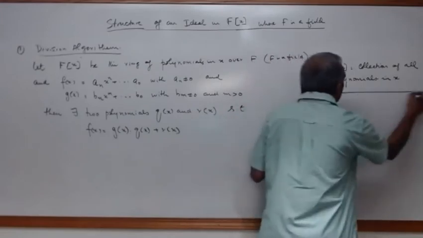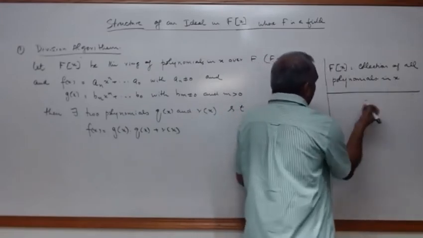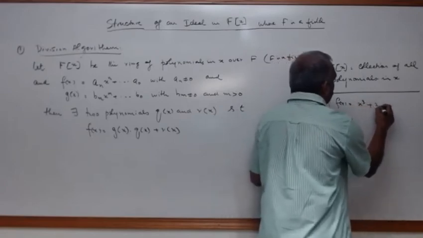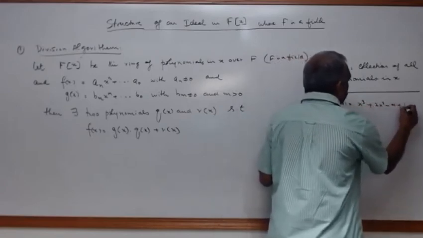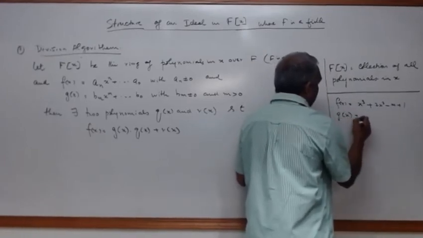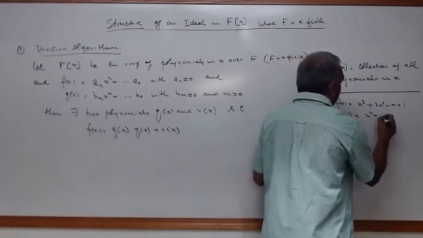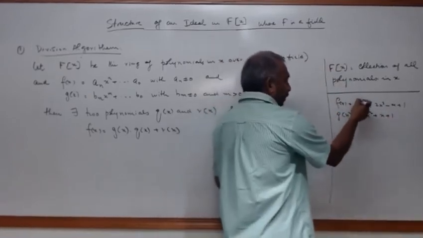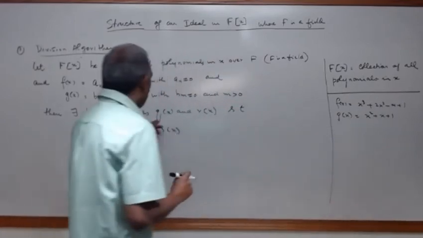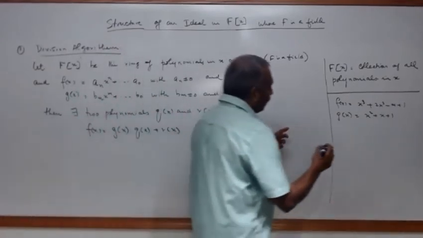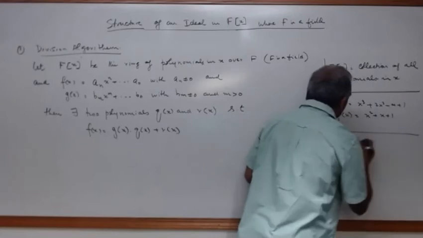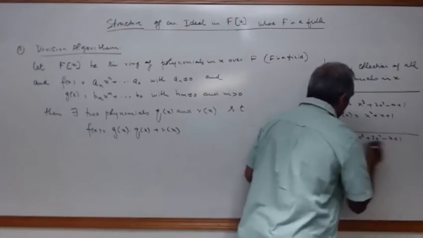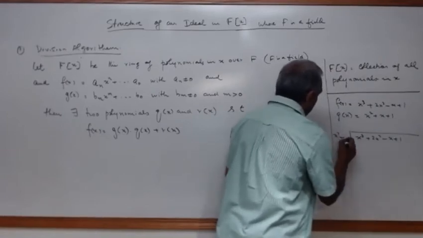This is just like, if you take f of x equal to x cube plus 2x square minus x plus 1 and g of x equal to x square plus x plus 1, then to find out the q of x and r of x, we'll do a long division like this: x cube plus 2x square minus x plus 1 divided by x square plus x plus 1.